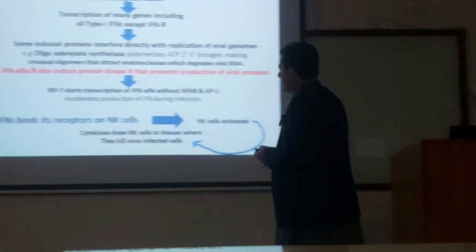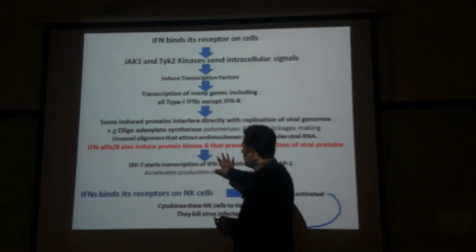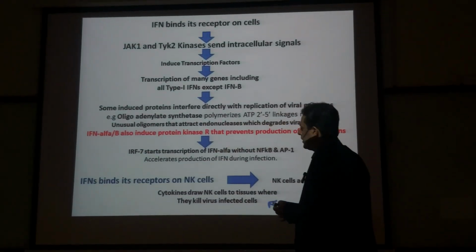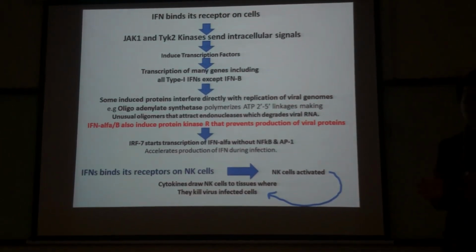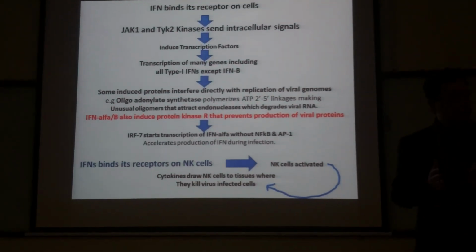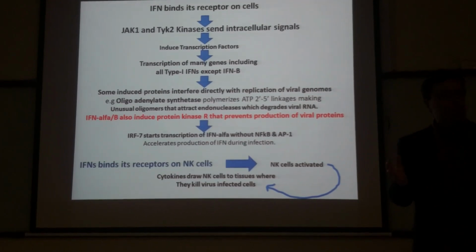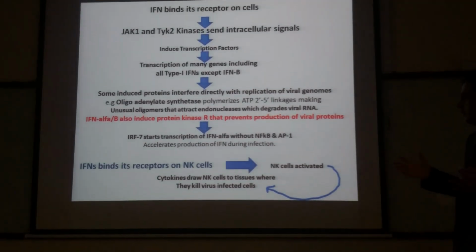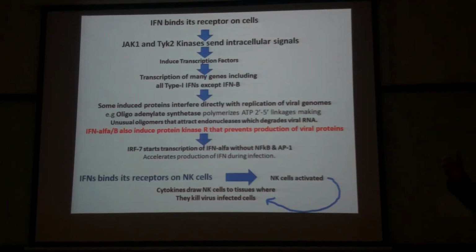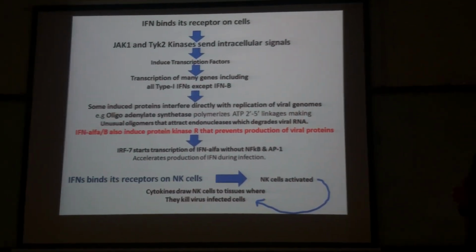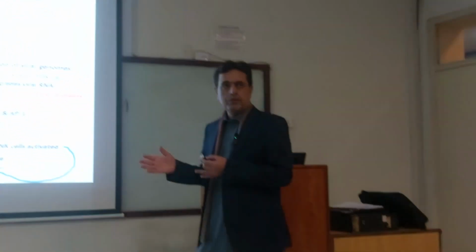Now, what other steps are involved in this process of activation? Interferon also binds its receptors on the natural killer cells. As I told you, all nucleated cells have interferon receptors. All nucleated cells are prone to viral infections, so all of them produce interferons.